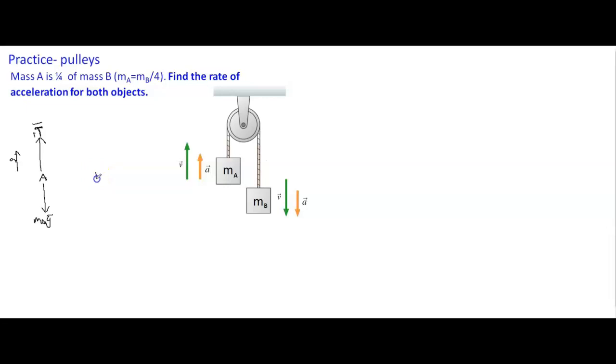Now let's do mass B. Let's do a force diagram for mass B, and I want you to draw that right now. So pause the video, please. All right, we're back. So mass B has a long vector down, and it's the weight of mass B times gravity, and it's got one contact force.